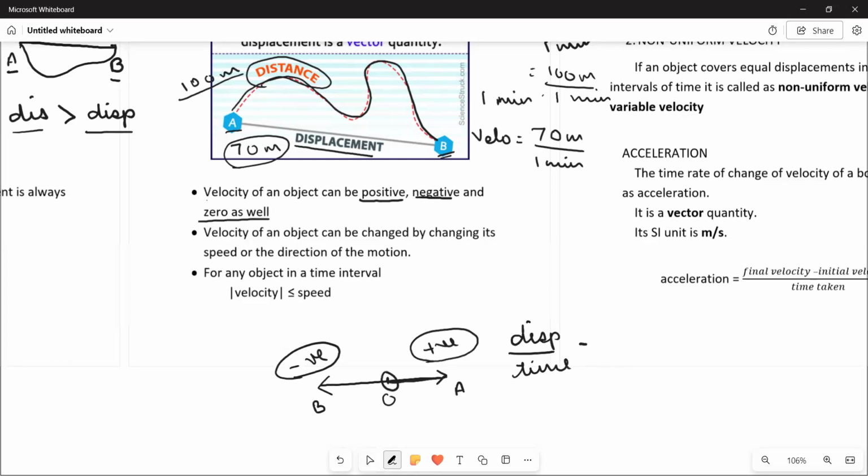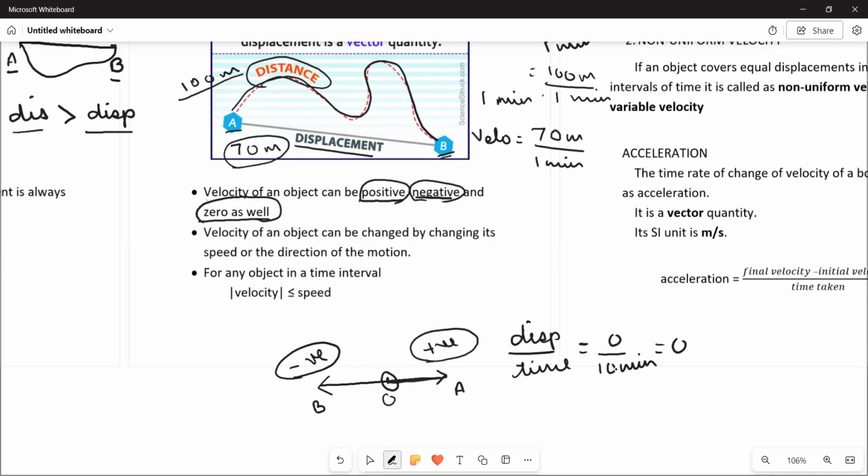So as this displacement is zero and we say took 10 minutes to do all this journey, we know that 0 upon anything is equal to 0. So in this case, our velocity can also become 0. See, I mentioned over there that it can be positive, negative, and 0 as well. So our velocity depends on the direction. And depending upon the direction, we will say that our velocity is positive, negative, or 0.